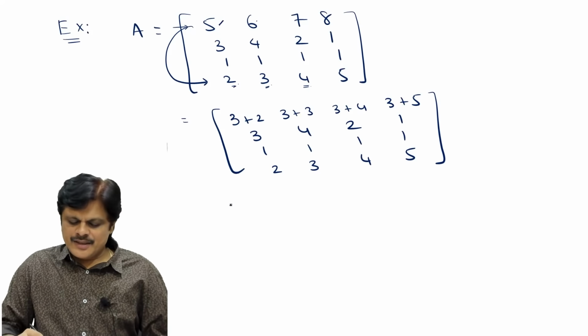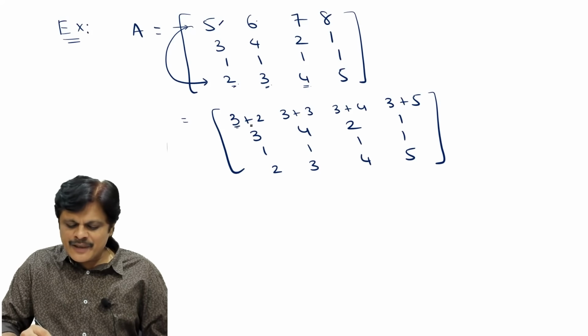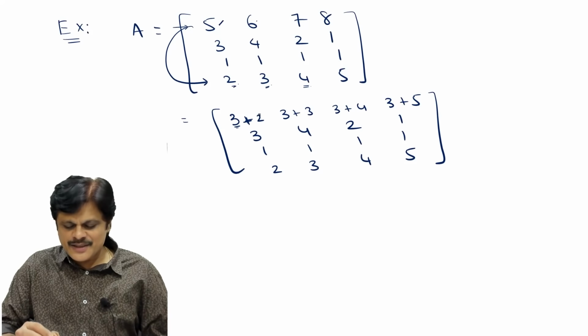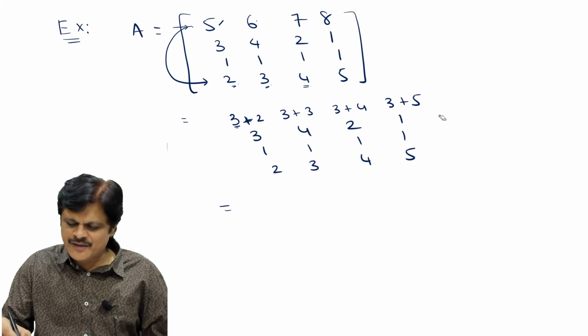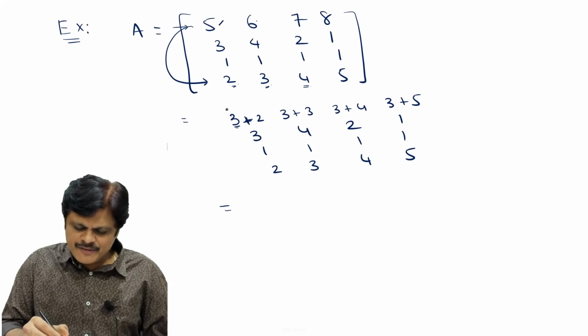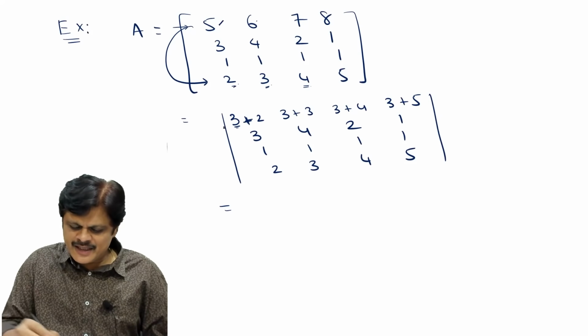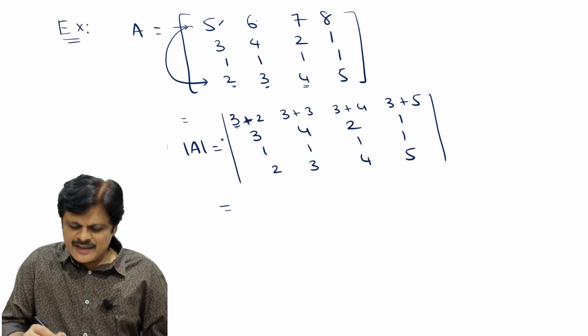Fine. Now whenever a row is a sum of two elements, you can write this determinant, suppose it is the determinant I am talking about. Let me put this as determinant of A. Now suppose I am finding the determinant of this matrix.